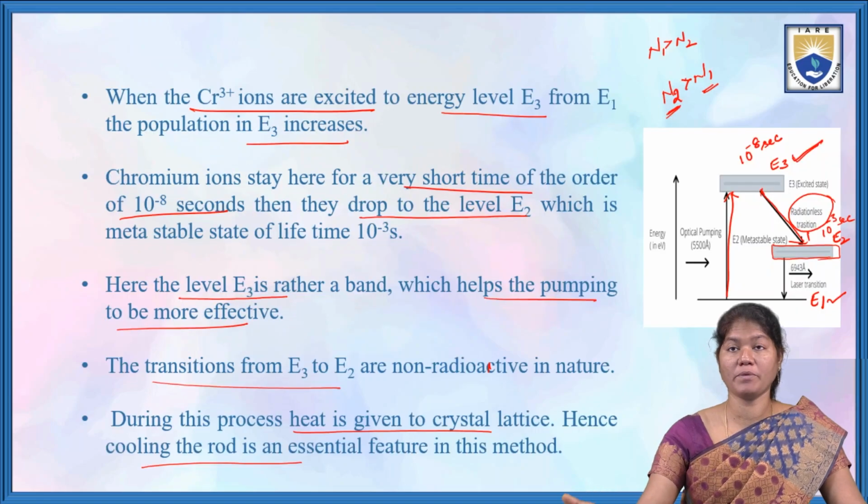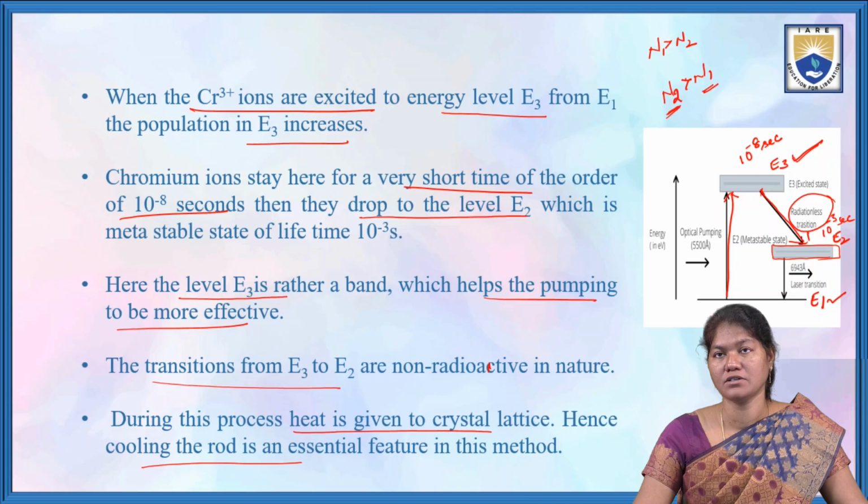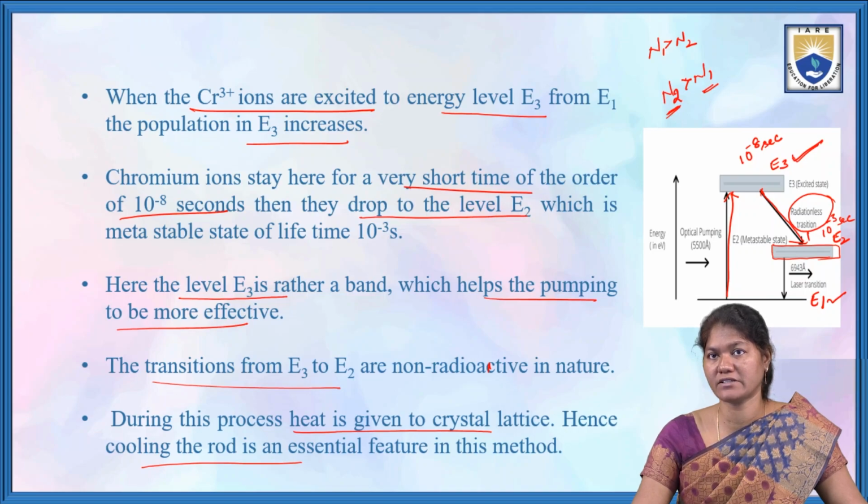So chromium ions get excited through optical pumping. Chromium ions get excited to the E3 energy level. Then, after 10 power minus 8 seconds, they transit to the E2 energy state with a radiationless transition.